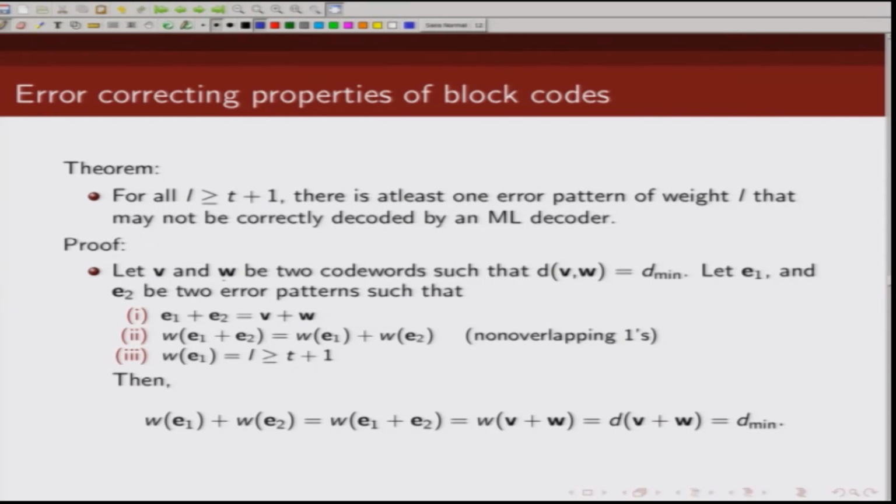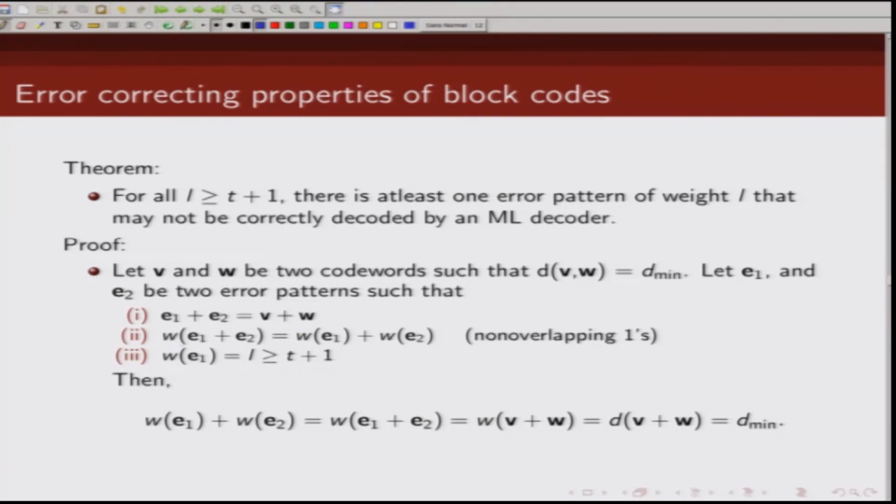If v and w are two code words, and let us assume that the Hamming distance between v and w is equal to the minimum distance of the code, denoted by d min, and let E1 and E2 be two error patterns which satisfy these three properties. And what are these three properties? The sum of E1 and E2 is the same as v plus w.